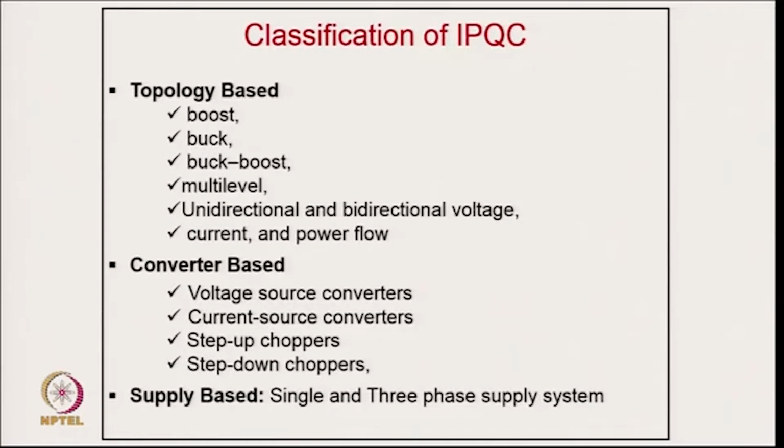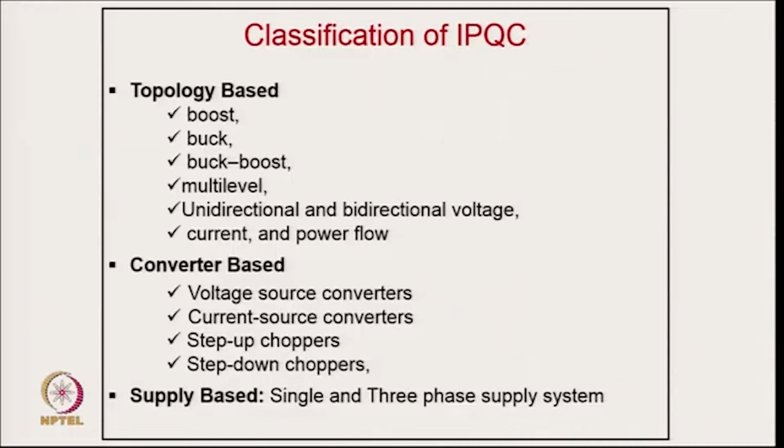Coming to the classification of these improved power quality converters based on topology, you can classify them as boost converter, buck boost, multi-level, and based on unidirectional and bidirectional output voltage, and of course based on current and power flow.